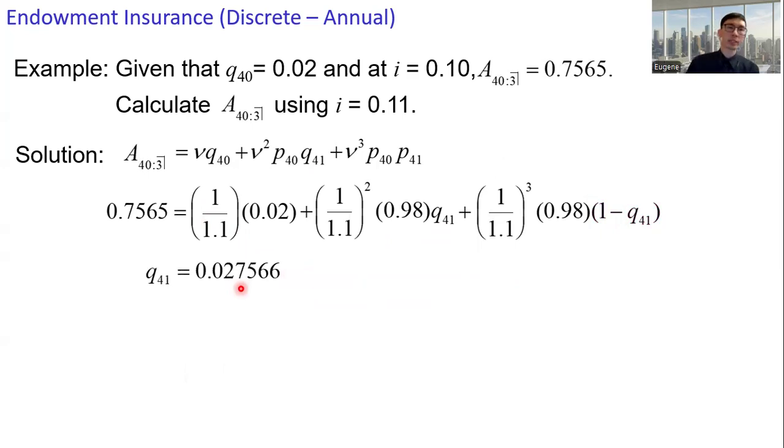q_41 is 0.027566. And then we have all the information, and we can recalculate this endowment insurance using the interest rate 0.11.